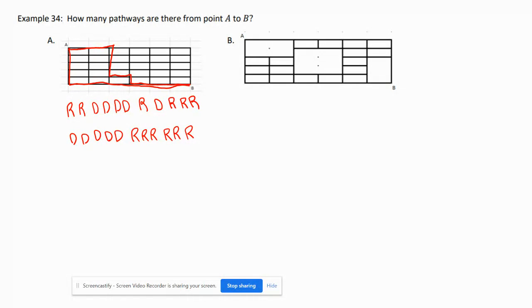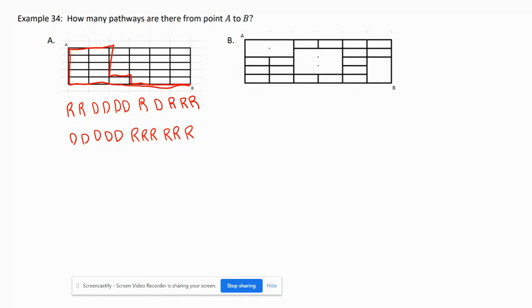Now, guys, we couldn't do this all the way through. It would take way too long. But no matter how you do it, this is my first pathway, this is my second pathway, I'm always going down 5 times and to the right 6 times. So it comes down to how many ways can you arrange 5 Ds and 6 Rs.